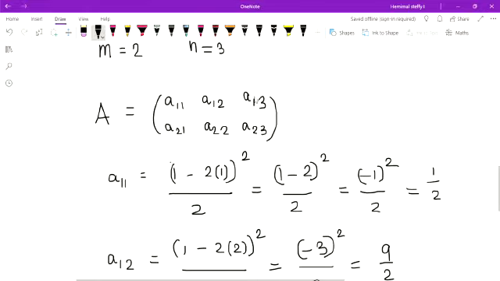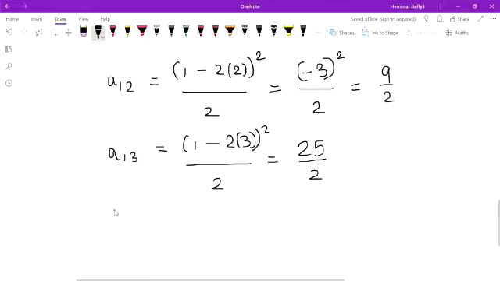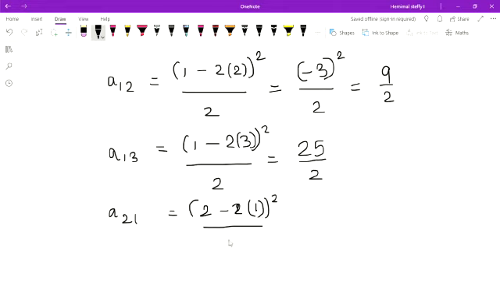Then the first row is finished. I am taking the second row, first column, A21. i is equal to 2, j is equal to 1. (2 minus 2j) whole square divided by 2.